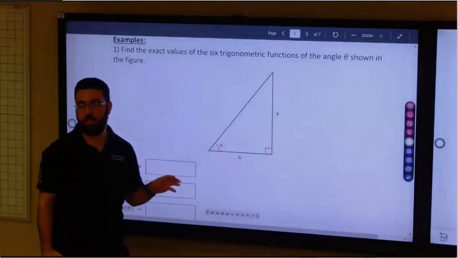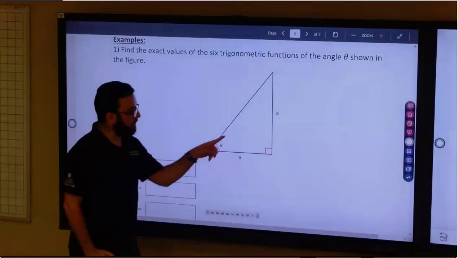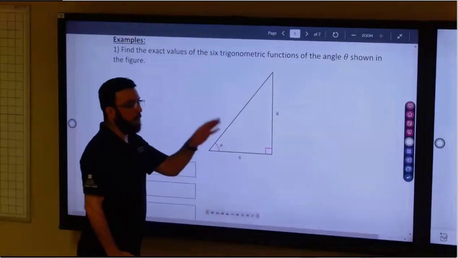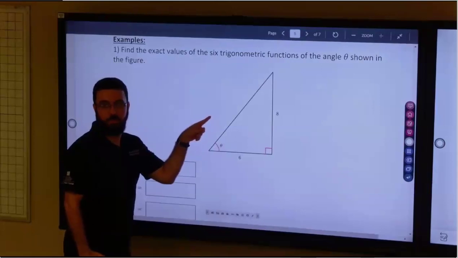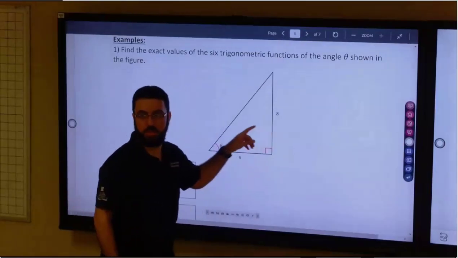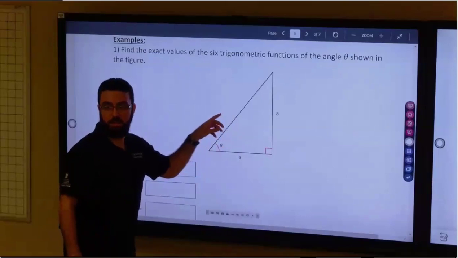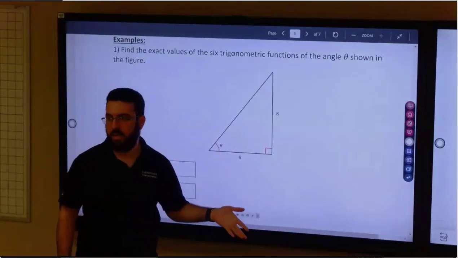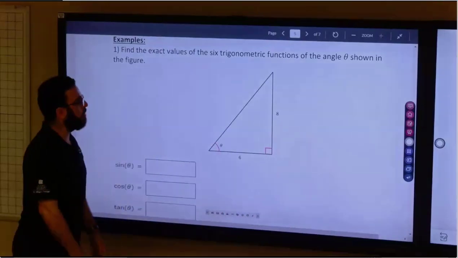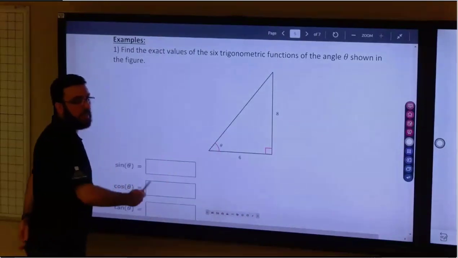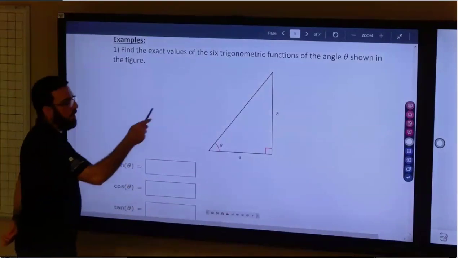Go to the first page. Where's the opposite from this angle, over what? How much is this number here? Think about that. We have a missing side. How am I going to find the missing side? Before I start finding the sine, the cosine, the tangent, I have a missing side.